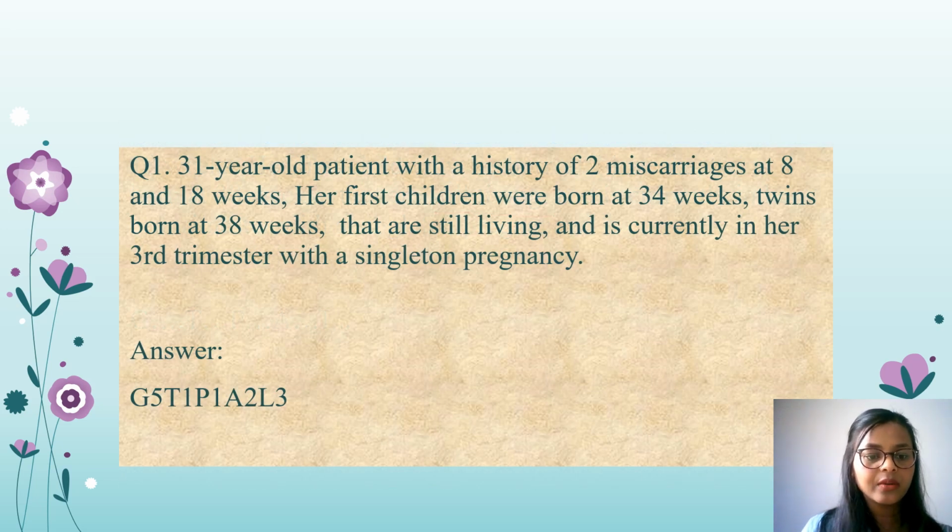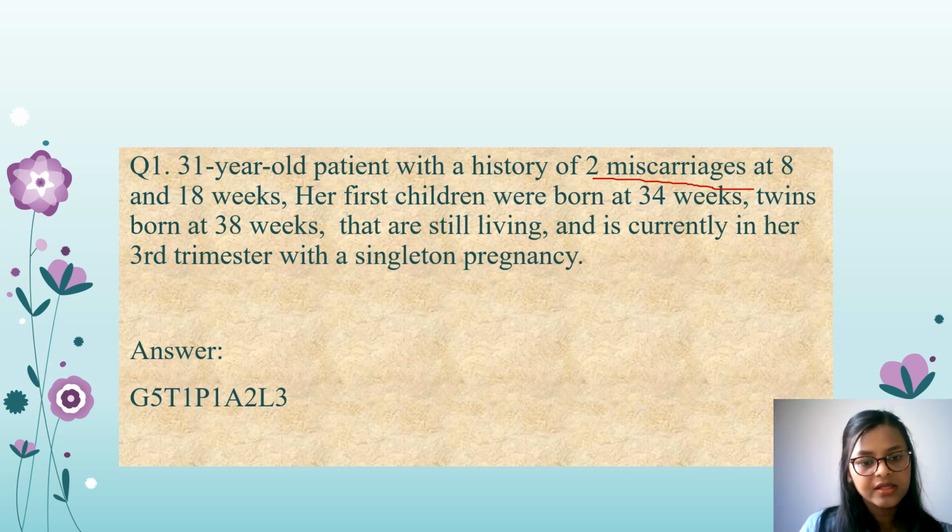So let's calculate the answer here. A 31-year-old patient with a history of 2 miscarriages. So for the 2 miscarriages, the woman was pregnant twice. One miscarriage ended at the 8th week of gestation and the second at the 18th week. Her first child was born at 34 weeks of gestation, so the woman was pregnant again for the third time.